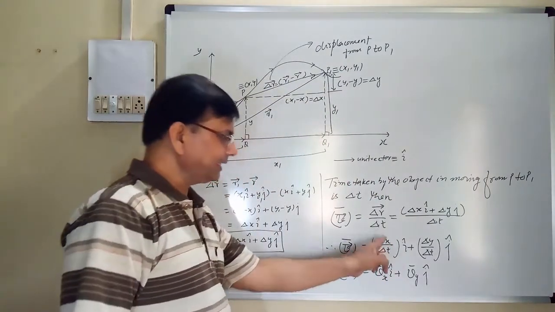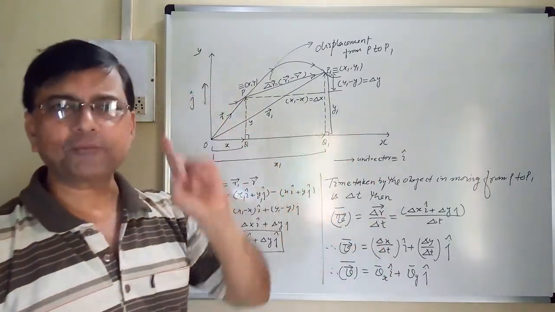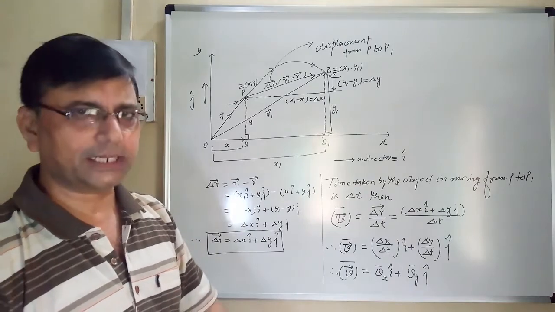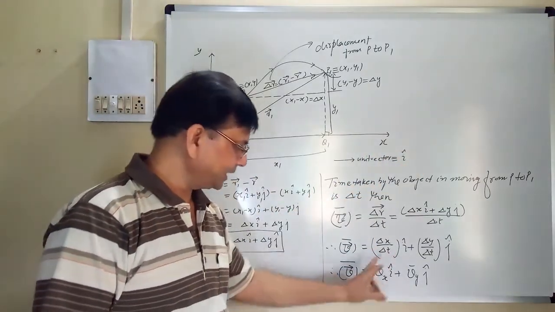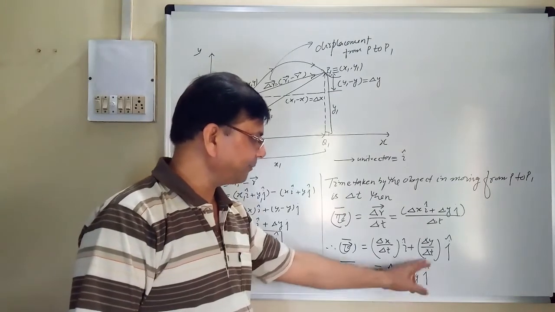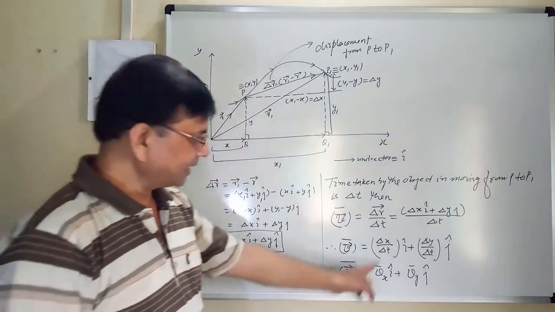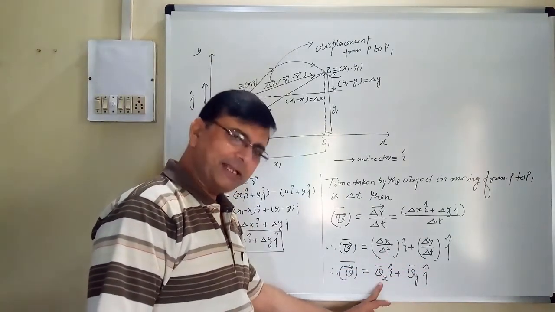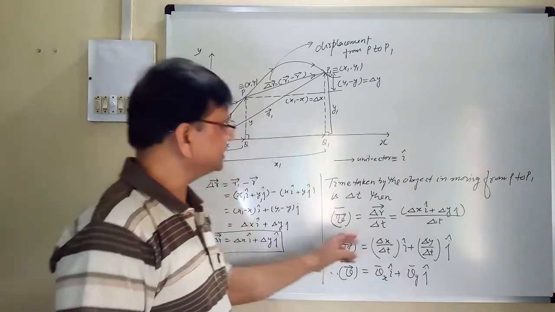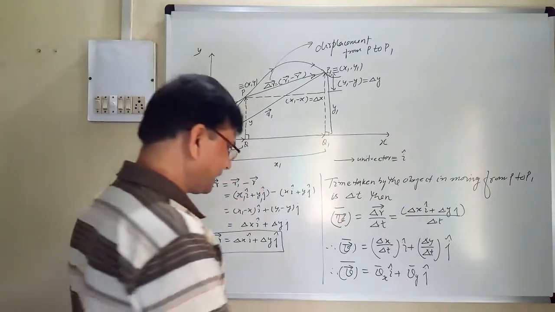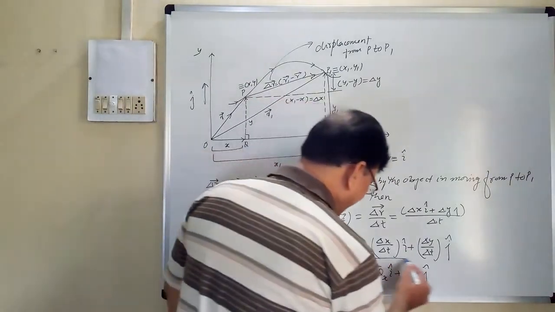Whatever velocity we are getting, this is the magnitude of the average velocity along the x-axis. So that is Vx bar plus Vy bar. These are the average magnitudes of velocity along the x-axis and along the y-axis respectively. So this is the important relation.